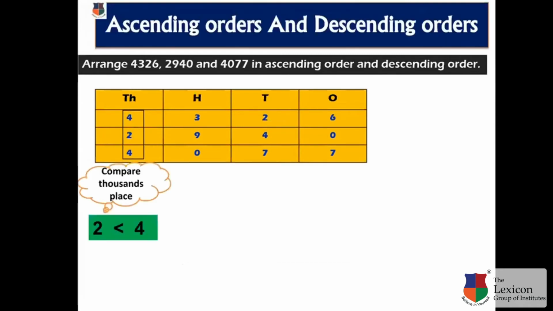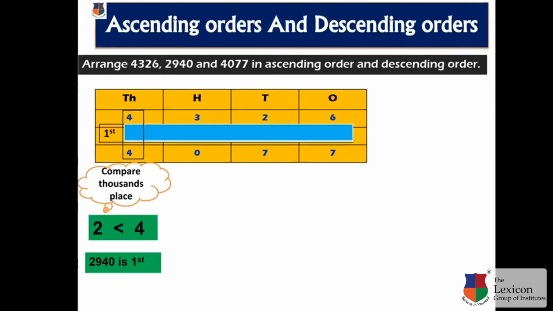If you compare the first number and the third number, there is the same digit, that is 4. In the second number, that is 2940, 2 is small at the thousands place, so 2940 will come at first place. Now that we have kept this number at first place, for the time being we will forget about it.